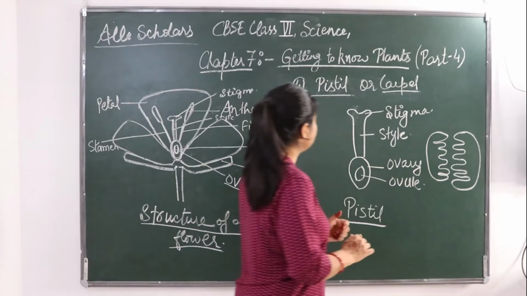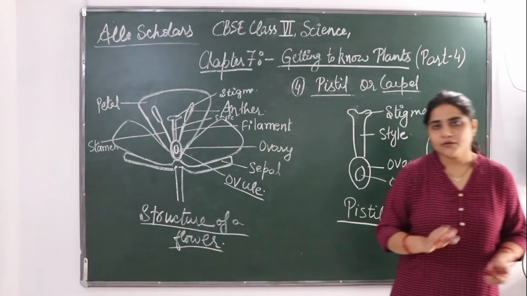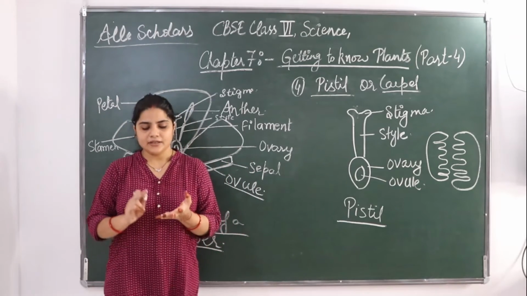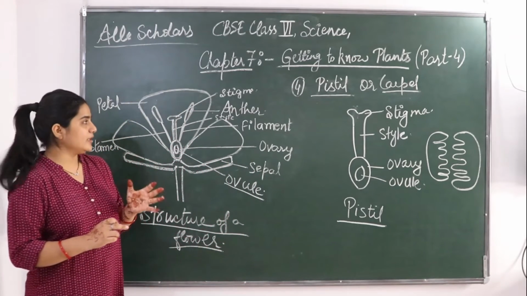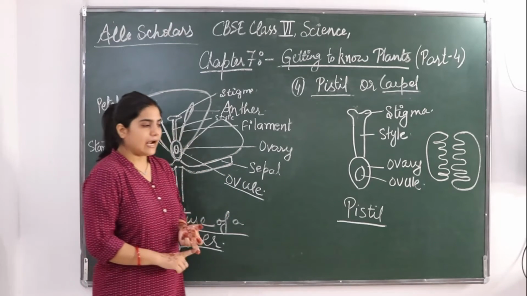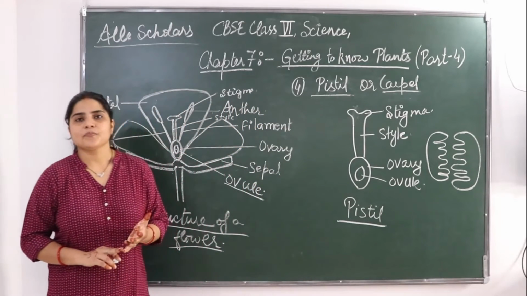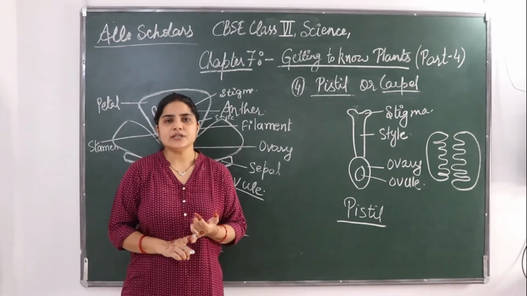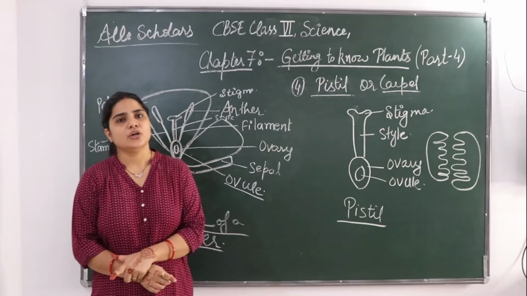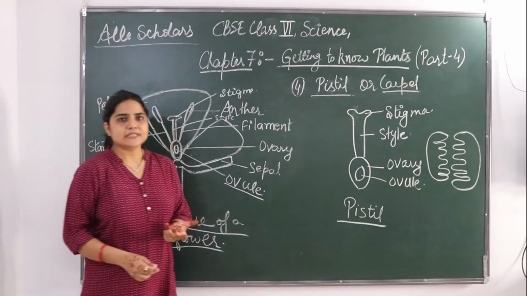Okay. So this was about the 4 parts of a flower you have seen. The main 4 parts, that is the stamen, the pistil, the sepals and the petals. These are the main 4 parts of a flower. Now the question is, do all flowers have all these 4 parts? So the answer is no. Sometimes some parts may be missing.